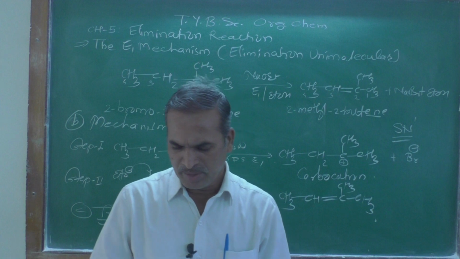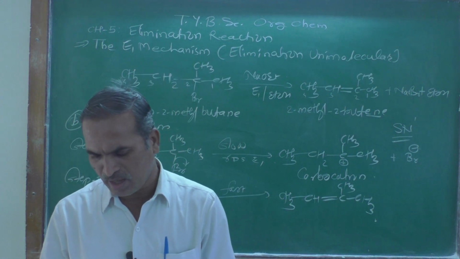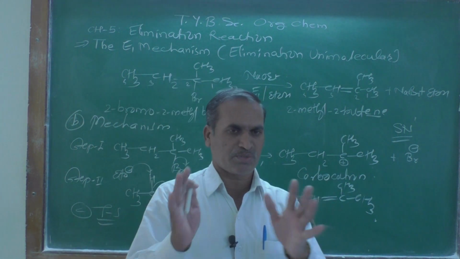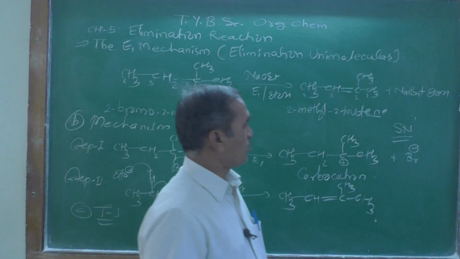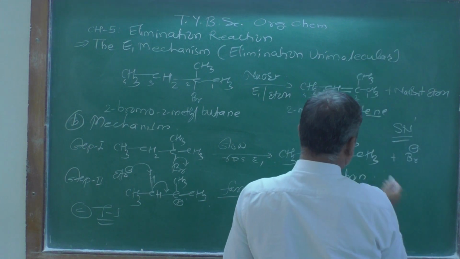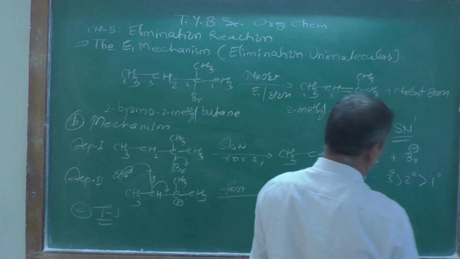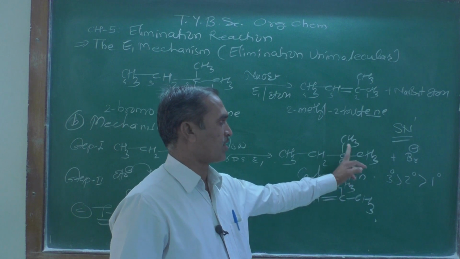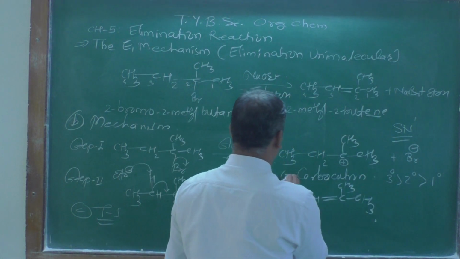The second thing is that it rearranges to a more stable carbocation if possible, if the substrate permits. As we know, the stability order of carbocations is that a tertiary carbocation is more stable than a secondary, which is more stable than a primary carbocation. In this case, this carbocation is already a tertiary carbocation.